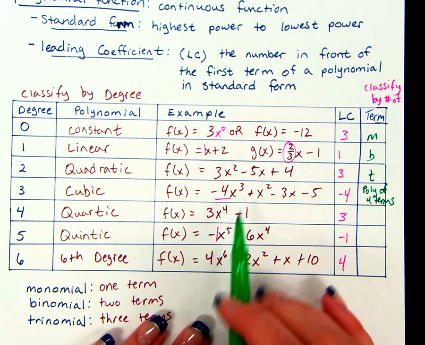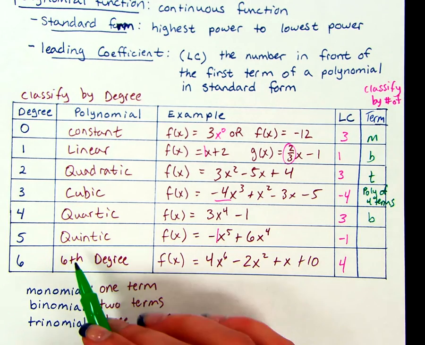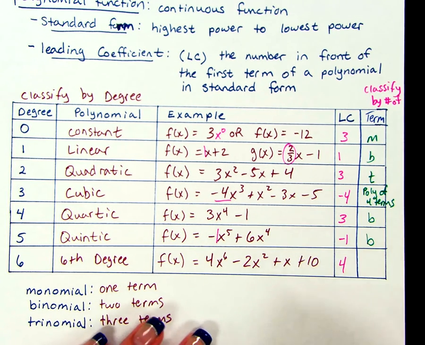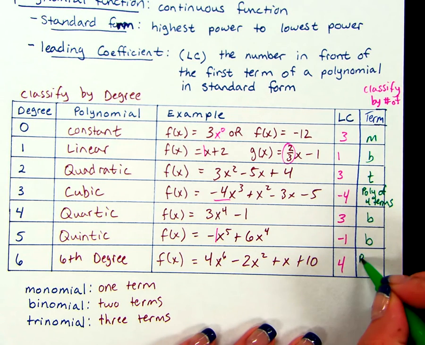Next one we have 1, 2, so that's a binomial. The last one, the quintic, again we have 2, so this is also a binomial. And the last one we have 1, 2, 3, 4 terms. So this would be a polynomial of 4 terms.